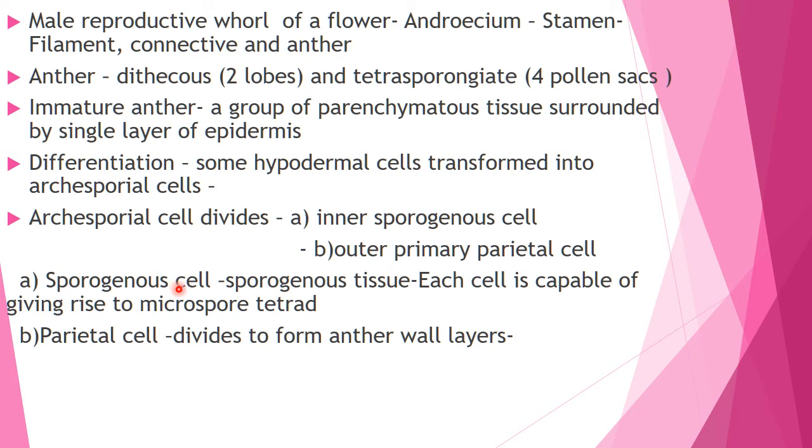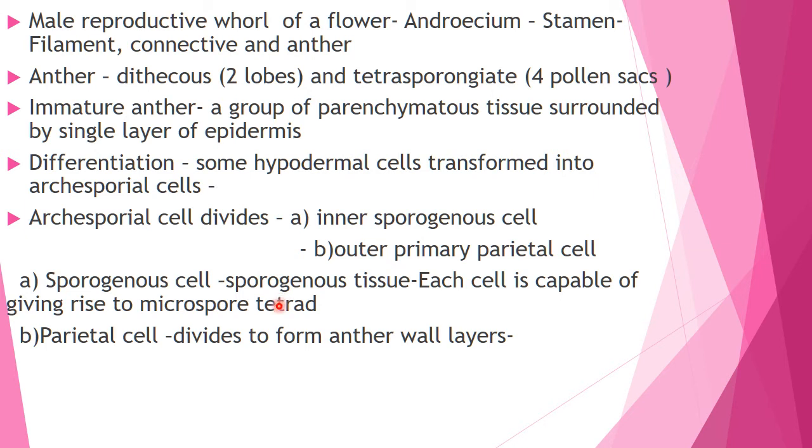Now, what happens to the sporogenous cell? The sporogenous cell will divide to form a tissue, the sporogenous tissue. In this tissue again there will be a number of cells. Each cell is capable of giving rise to a microspore tetrad. Tetrad means 4. You know, during meiosis, one cell divides into 4.